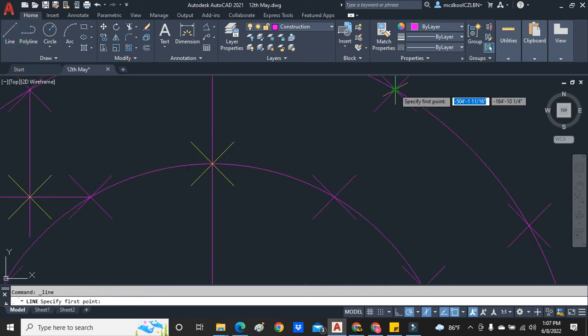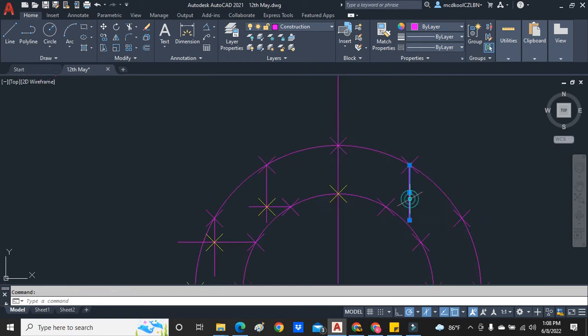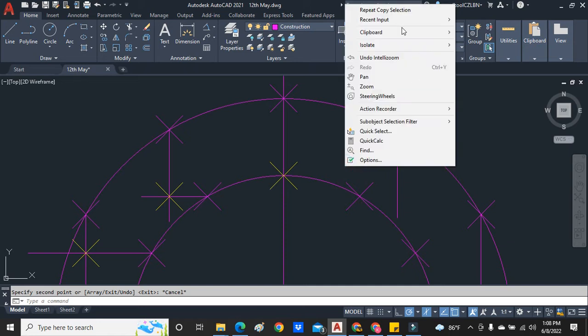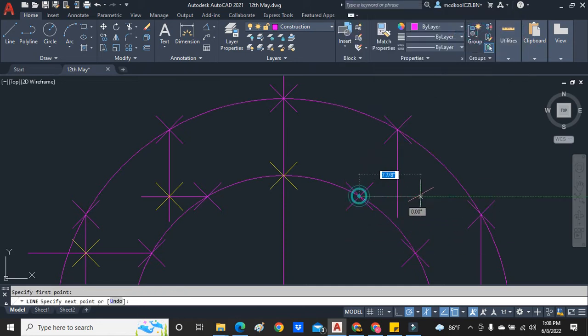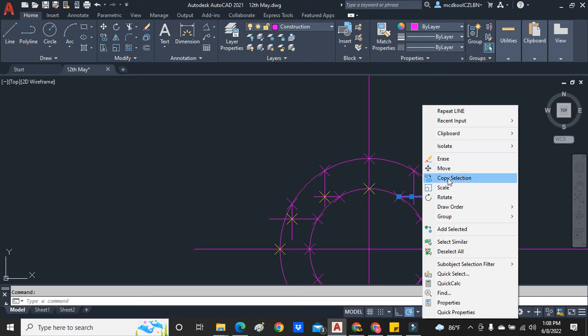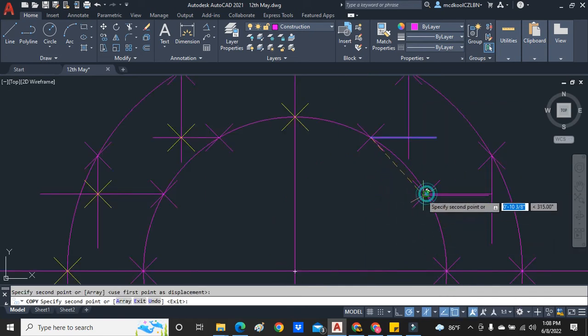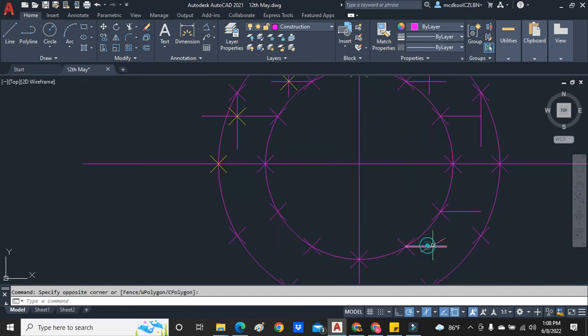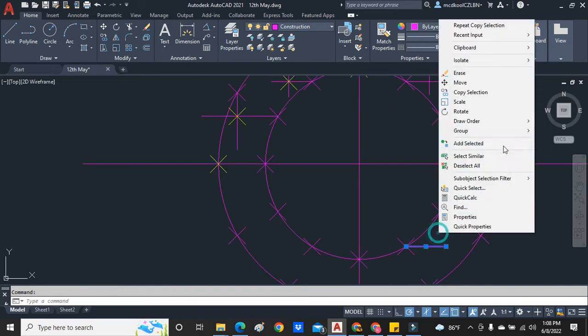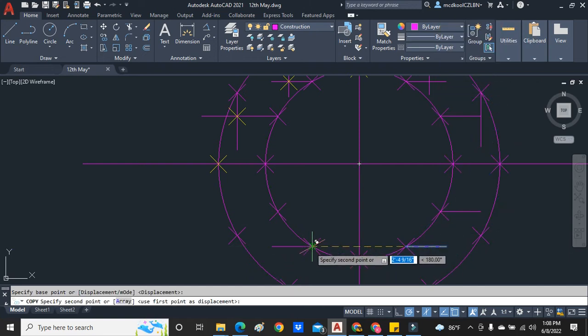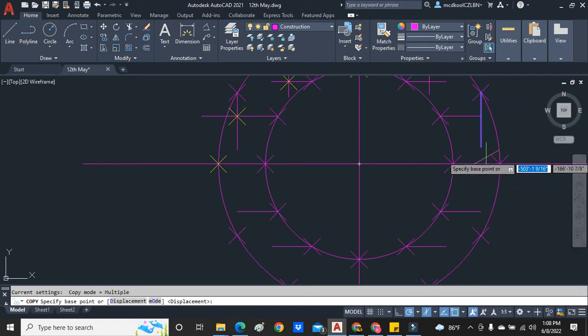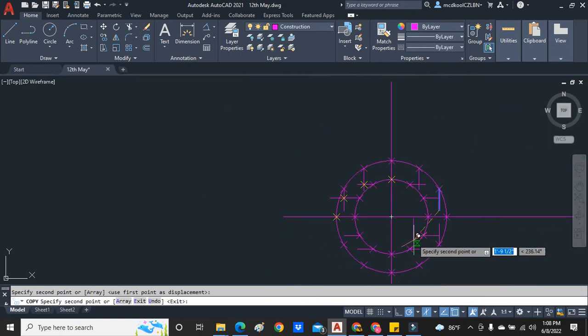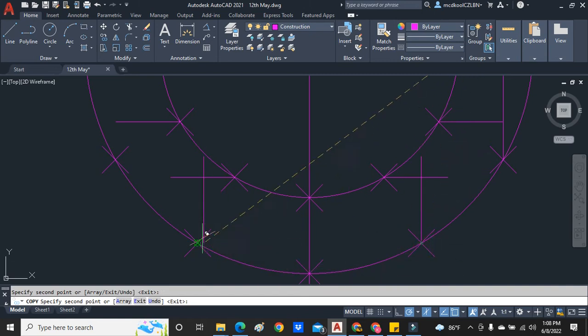I'm just going to do the second half. Remember, from the minor circle, the line goes left to right, and with the major circle, you're going up and down.